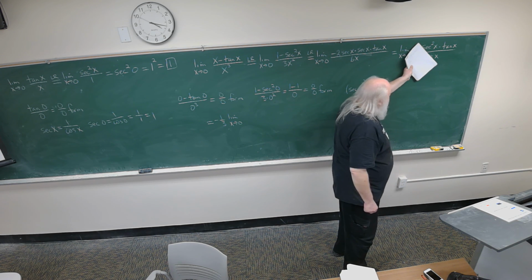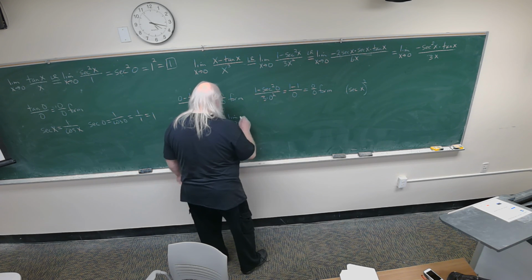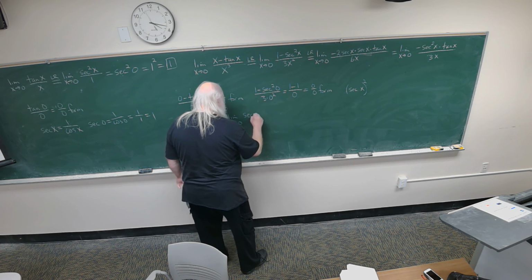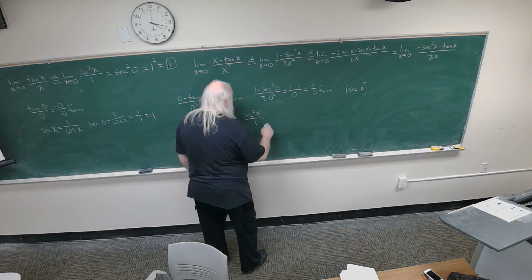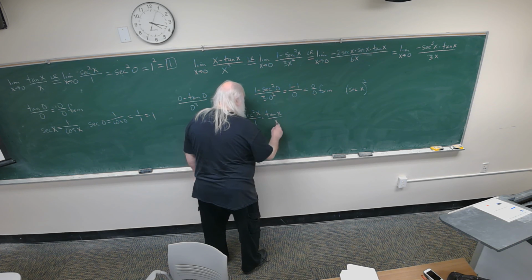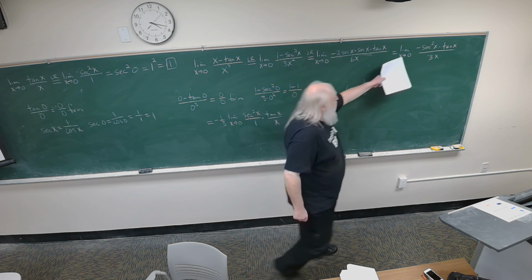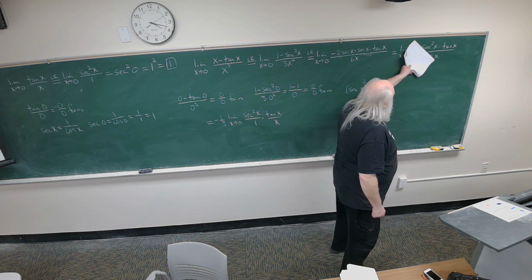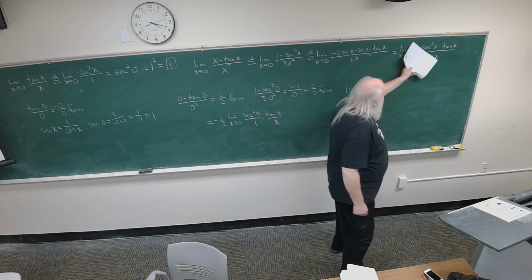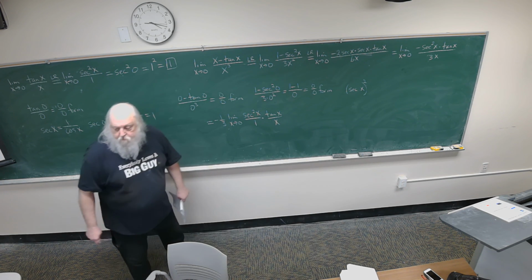I can rewrite that quotient as secant squared x over 1 times tangent x over x. I can write the quotient as a product of 2 quotients.